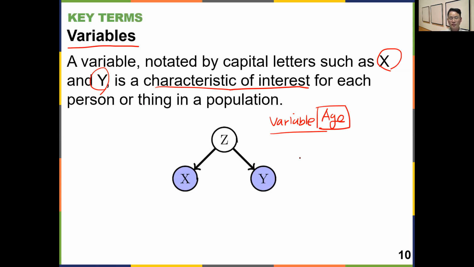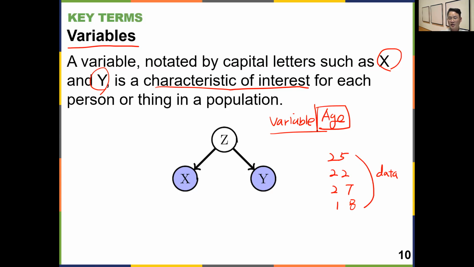Now, the actual number of the age, for example, someone is 25 years old, someone is 22, someone is 27, someone is 18, all these numbers are not the variable, this is data.